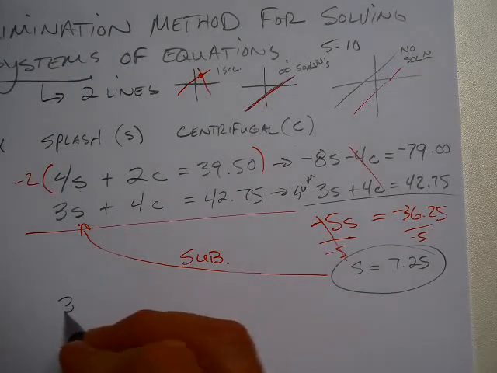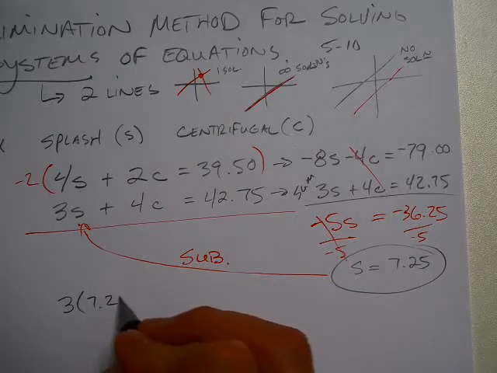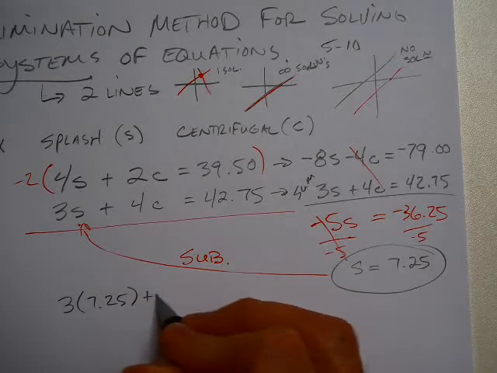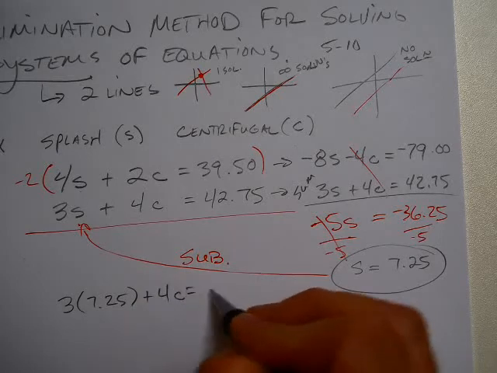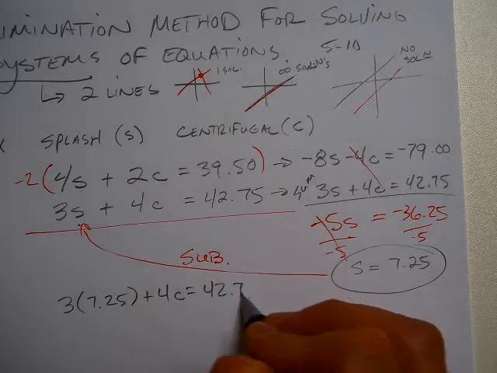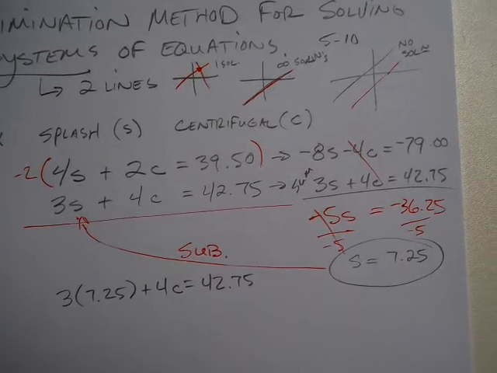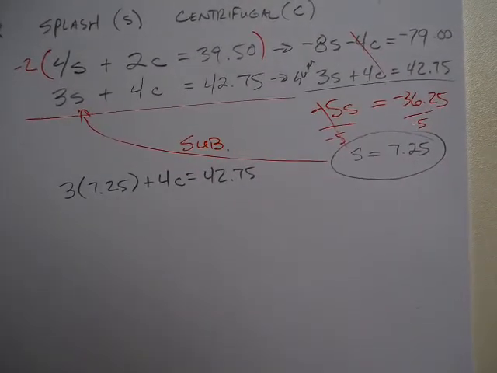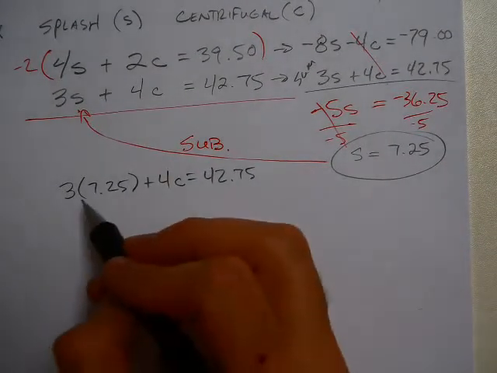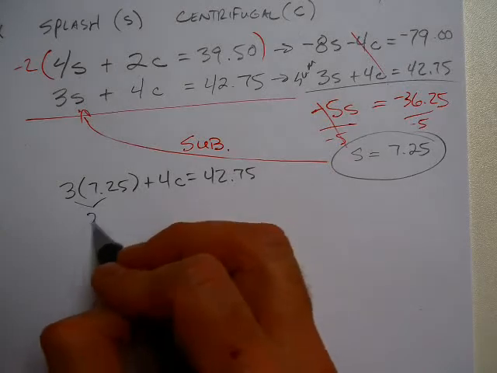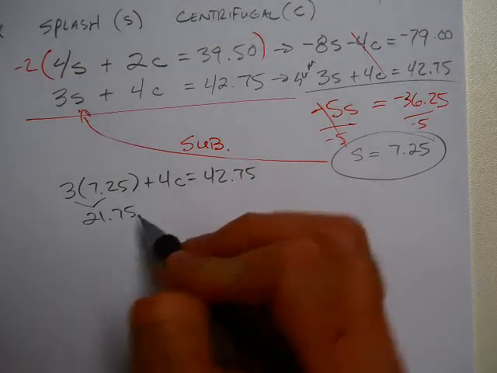So this is going to be 3 times 7.25 plus 4c equals 42.75. Now, this guy here is 21.75.